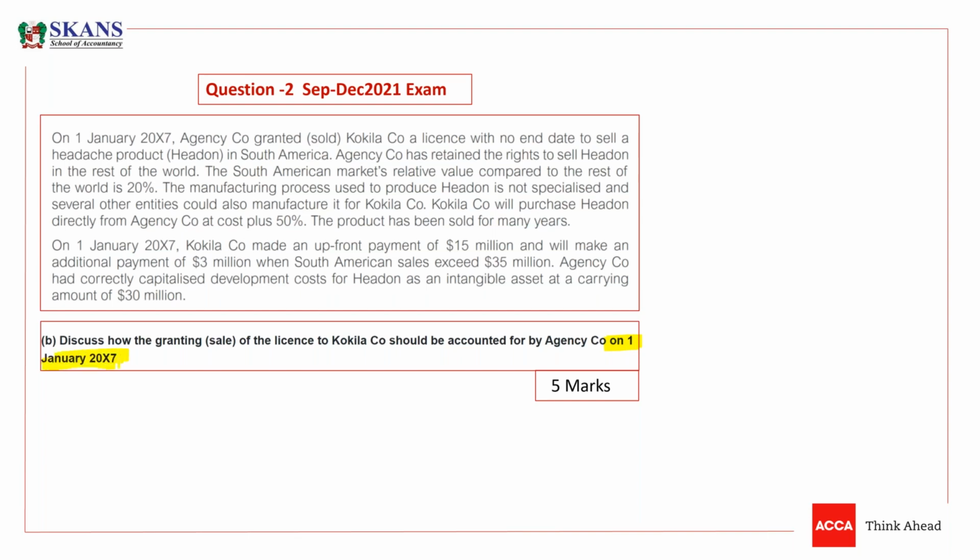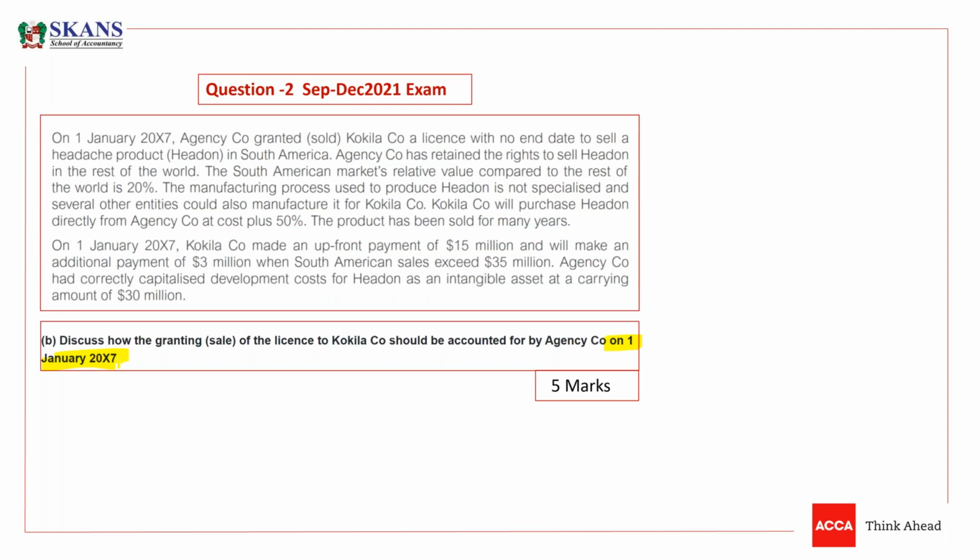So let's understand. On 1st Jan 2007, agency company granted, and the word is sold, Kokila company a license with no end date to sell a headache product, Head-on, in South America.